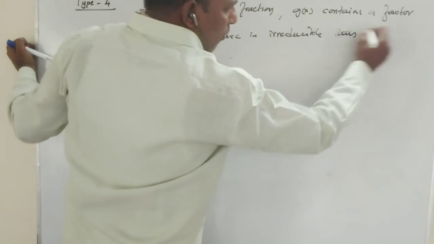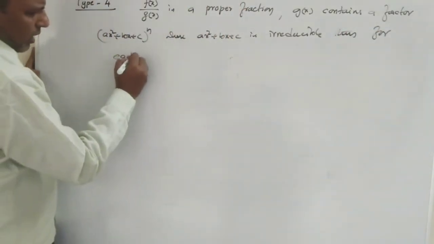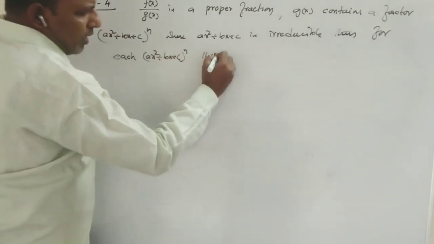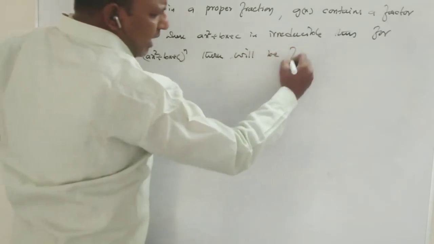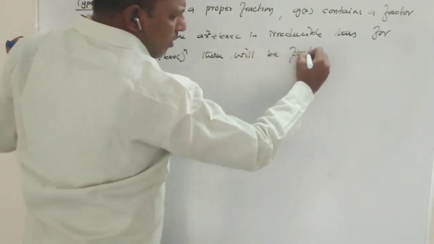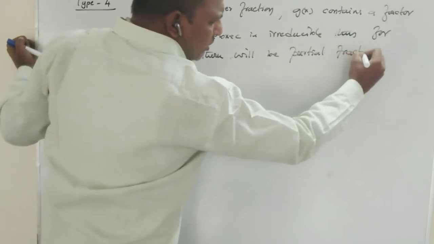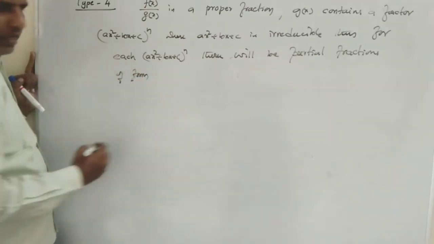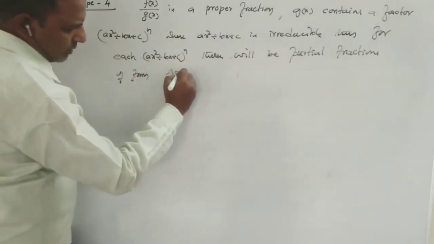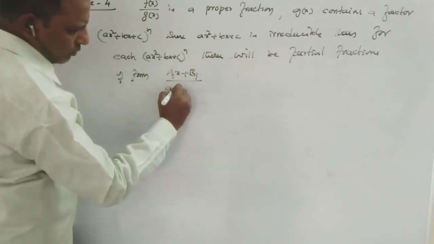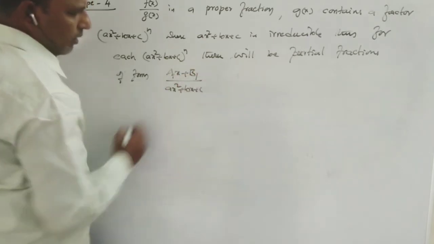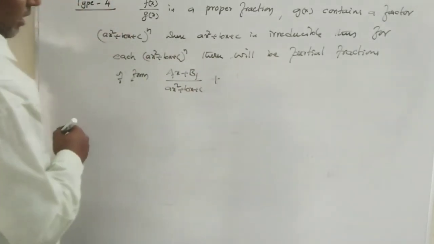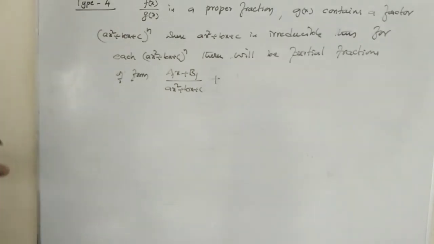Then, for each ax square plus bx plus c whole to the power of n, there will be partial fractions of the form: a1x plus b1 by ax square plus bx plus c is the first term.